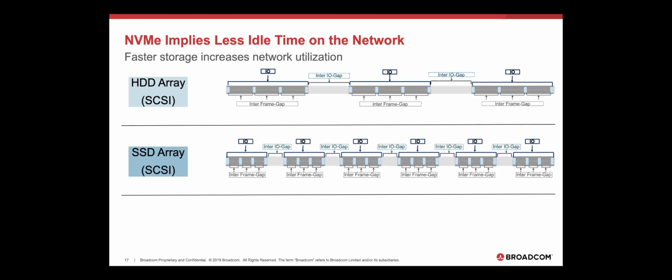Now, AJ hinted a little bit to this slide yesterday. What we see from a storage network perspective, as I mentioned before, is that it really makes no difference to us if we're transporting SCSI or NVMe. But what we see on the networking side is that the gap between the IOs and between the frames is decreasing. We already saw that when we went from spinning media to all flash arrays.